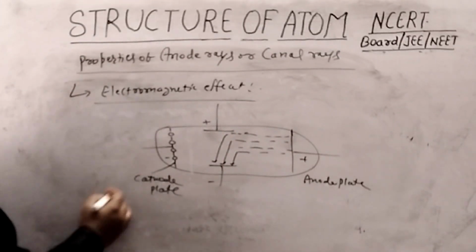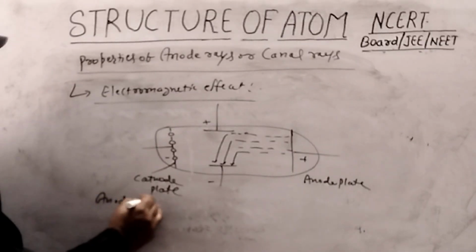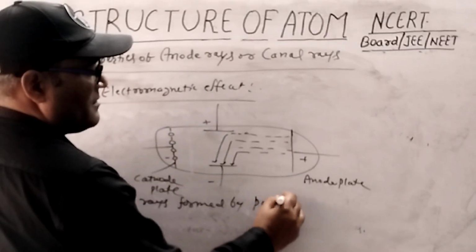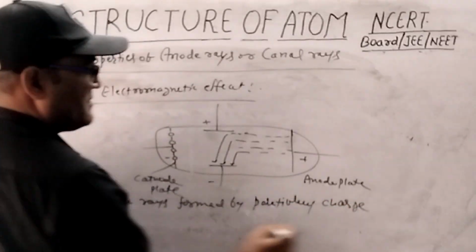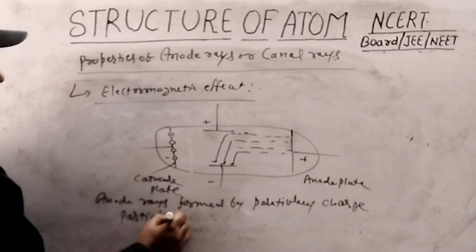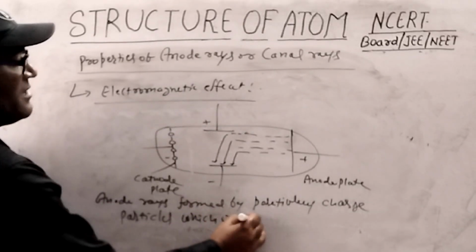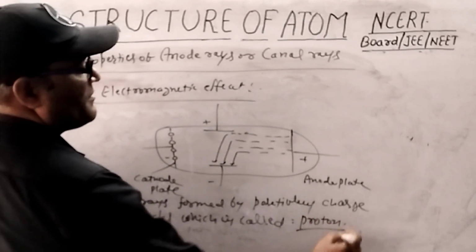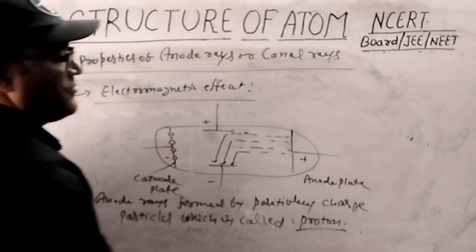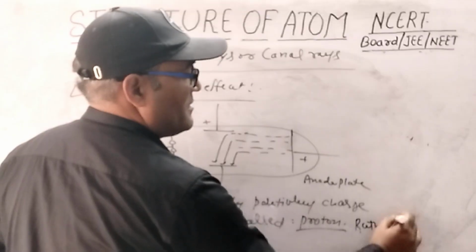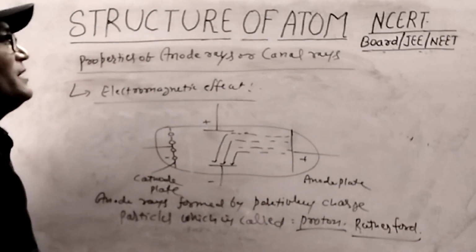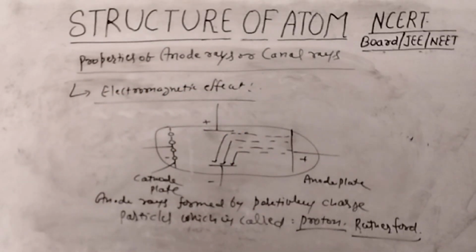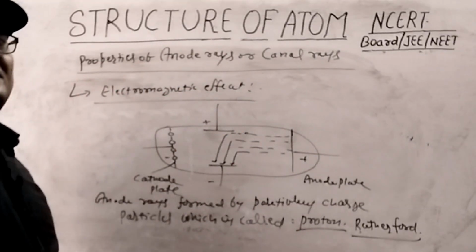So anode rays are formed by positively charged particles, which are called protons, and the proton was discovered by Rutherford. Okay, so canal rays or anode rays were discovered by Goldstein, but the proton was discovered by Rutherford.